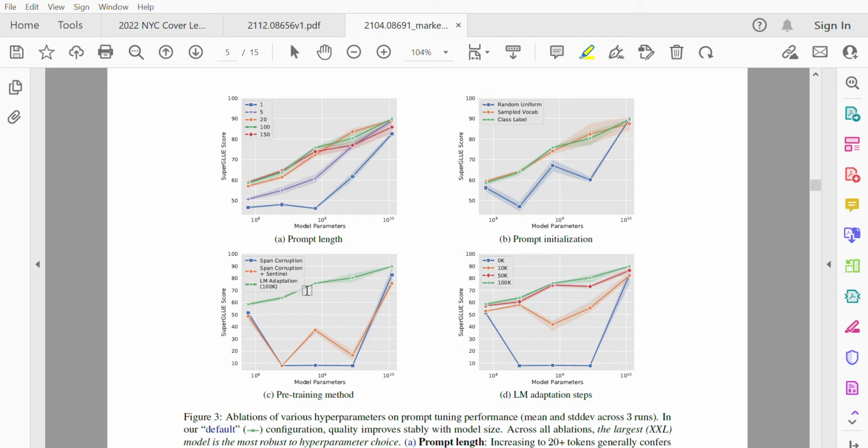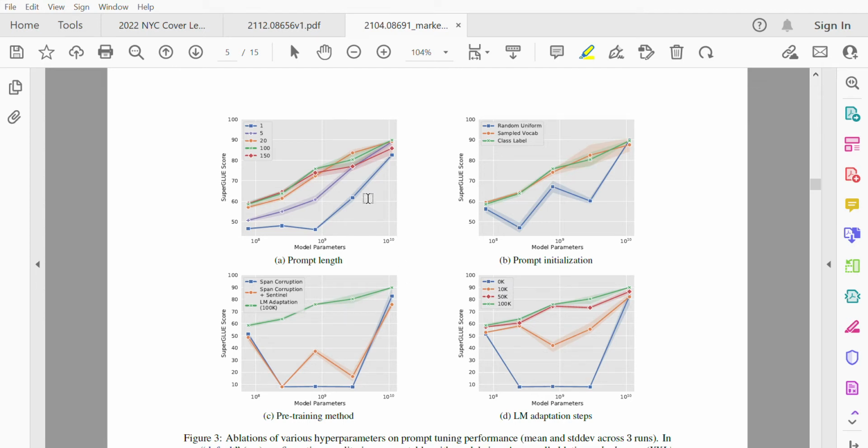This model is really only going to be performing well, or as well as standard models, if you are one, making sure that you're tuning along all of these parameters, but two, never as good as model tuning unless you are looking at this very large parameter size.